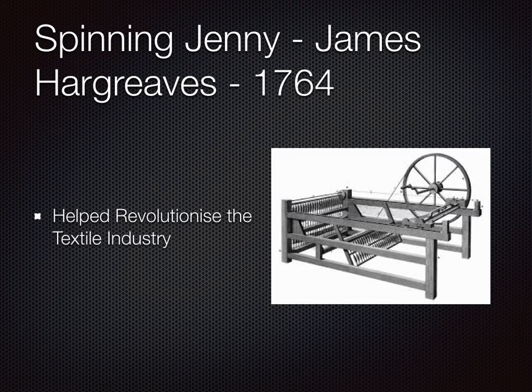This was improved upon with the invention of the spinning jenny by a man called James Hargreaves in 1764. Again, this made the production of cloth products and wool products an awful lot faster, more efficient, more effective, and more productive.